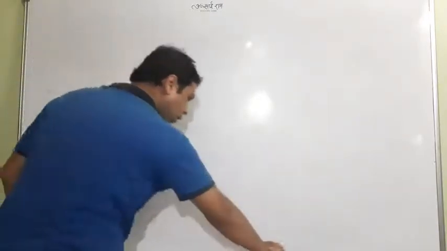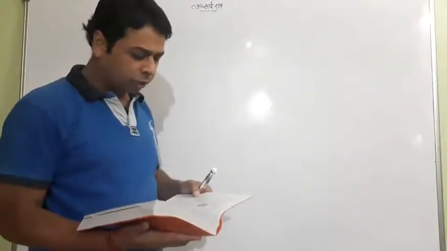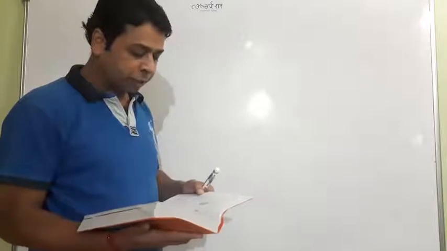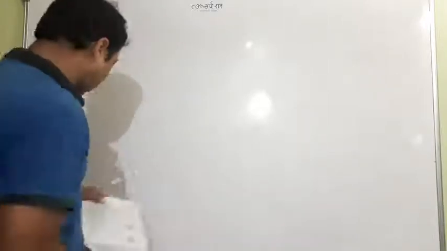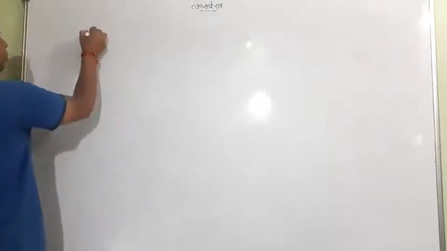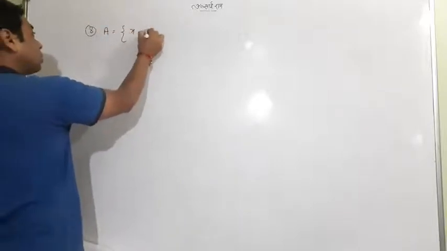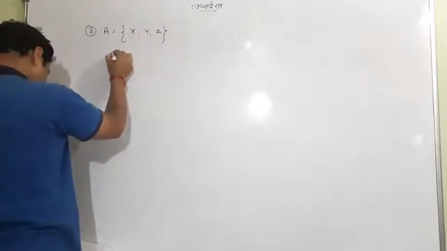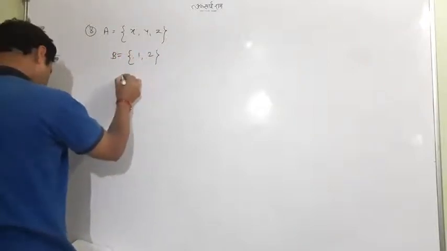The questions are now so easy. Solve 6, 7, 6 already explained, 7, 8 and 9 all are so easy. One I just want to discuss with you. Eighth one. Question 8: A is equal to {x, y, z}, and B is equal to {1, 2}.